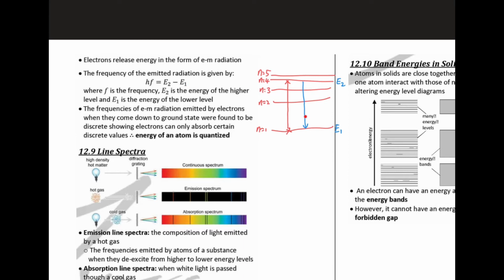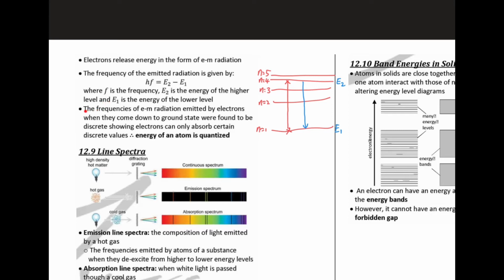The amount of energy it releases will be E2 minus E1. After that, h is the Planck constant. You have to put the value there, then you can find out the value of f. We will have examples to try it out afterwards. Let's finish up the theory first.